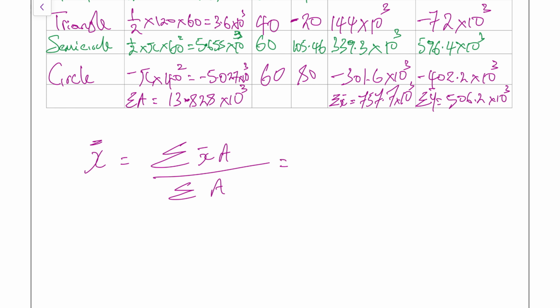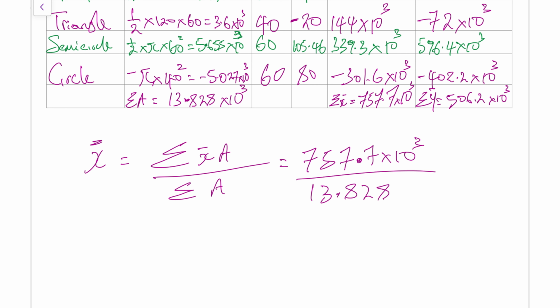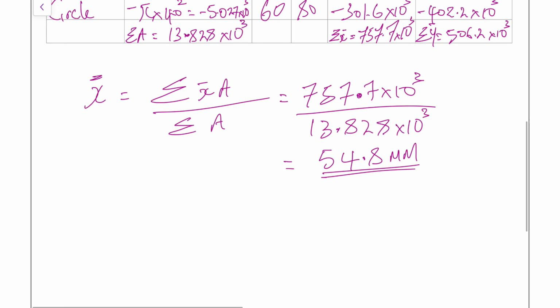So what that will look like now, that's 757.7 times 10 to the power of 3, all divided by the sum of our area, which is 13.828 times 10 to the power of 3. So it turns out that our x bar is 54.8 mil.